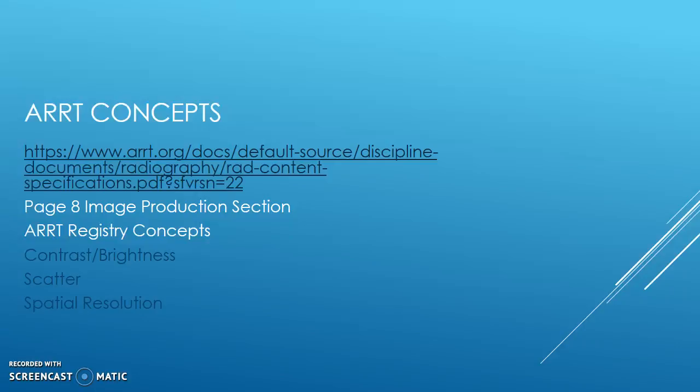A better knowledge of these subjects will aid you on the registry, and it's listed there as some of the concepts that you need to know to help pass the registry. This is linked to the exact section that has the image production, on page 8 of that PDF file.